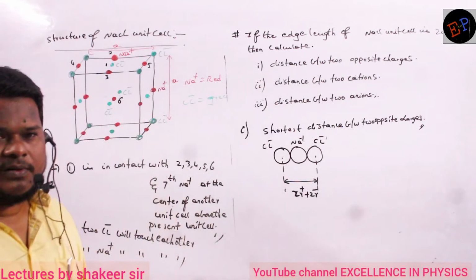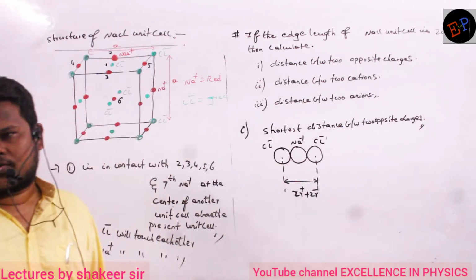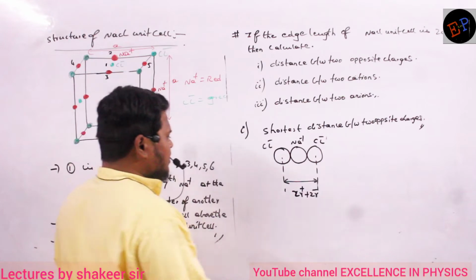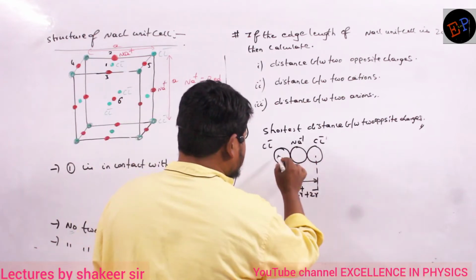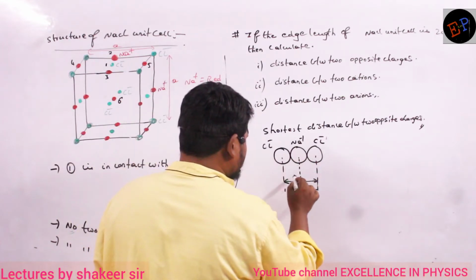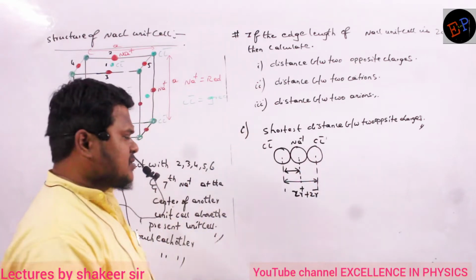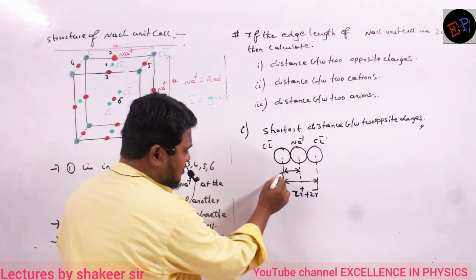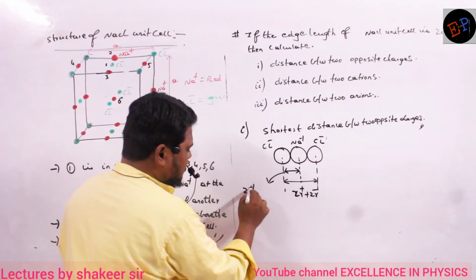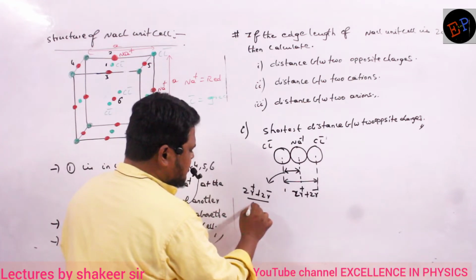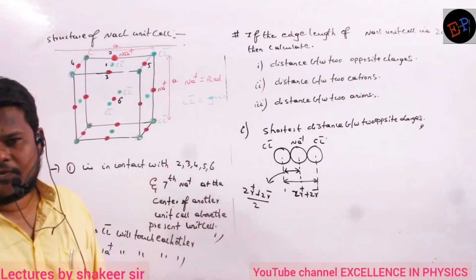Already we have studied this one, no? 2r plus and 2r minus. Clear, no, ma? And cation, opposite charges means cation and anion. So I wanted this distance. This distance will be how much? Exactly half of that. So this distance will be 2r plus 2r minus divided by 2. That much will be the distance.